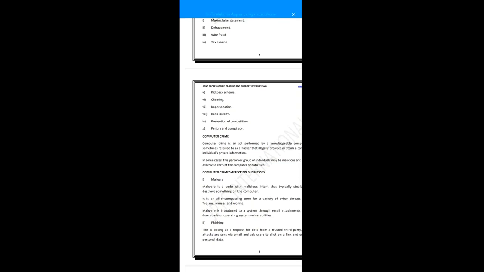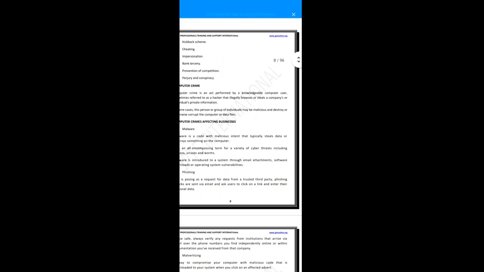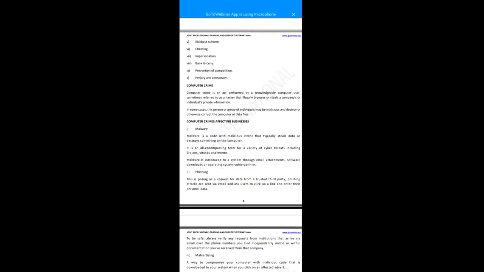Now, computer crimes affecting businesses. Malware is code with malicious intent that typically steals data or destroys something in the computer. It is an all-encompassing term for a variety of cyber threats, including Trojans, viruses, and worms.